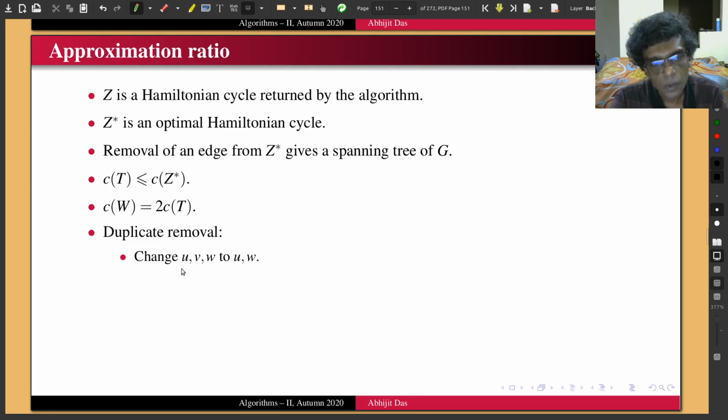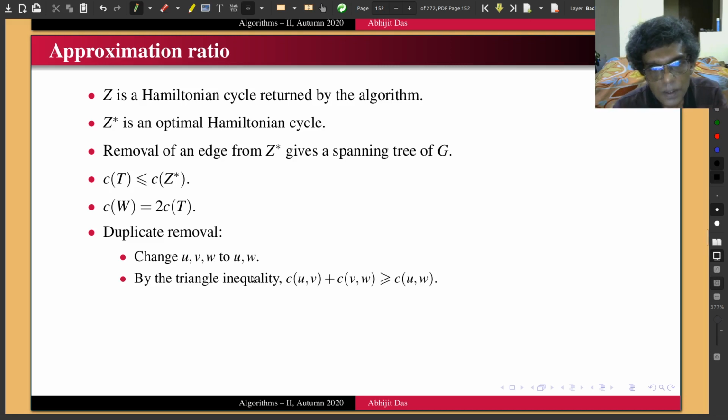Now, since we are talking about Euclidean distances, the cost of U to V plus cost of V to W must be greater than or equal to cost of U to W by the triangle inequality.